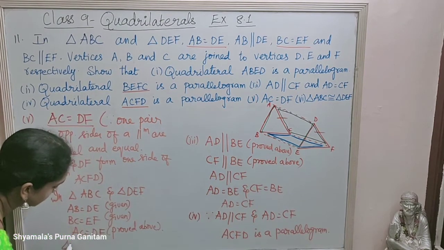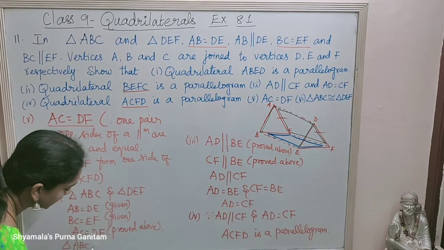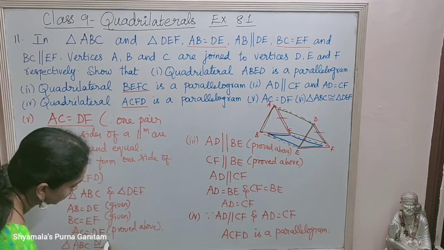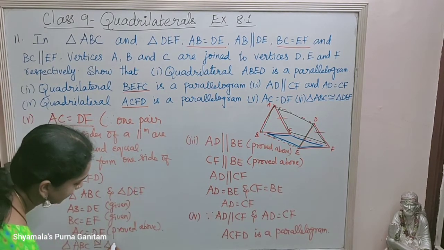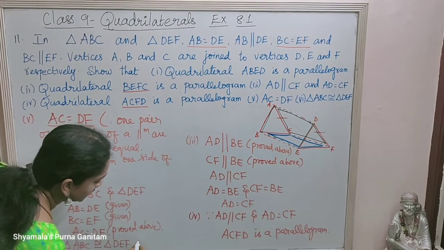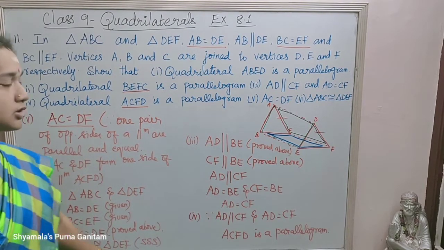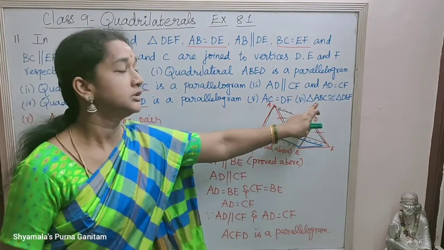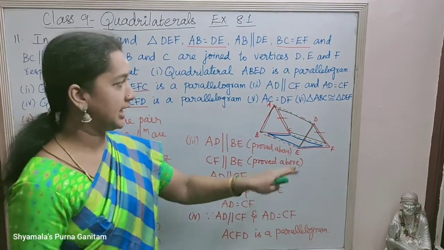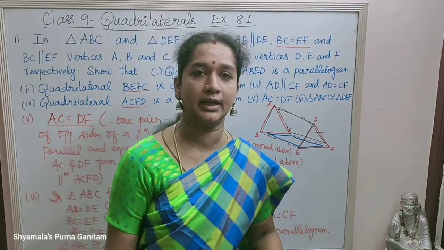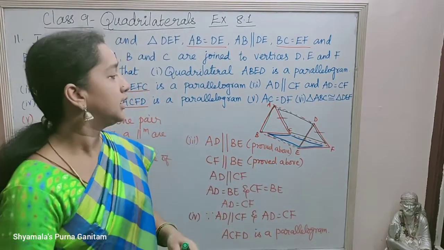So triangle ABC is congruent to triangle DEF by SSS congruence.